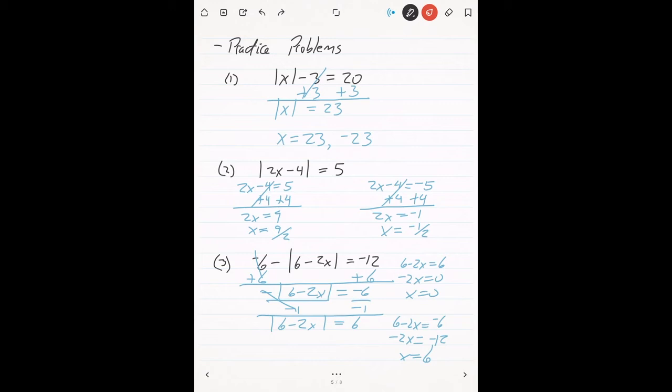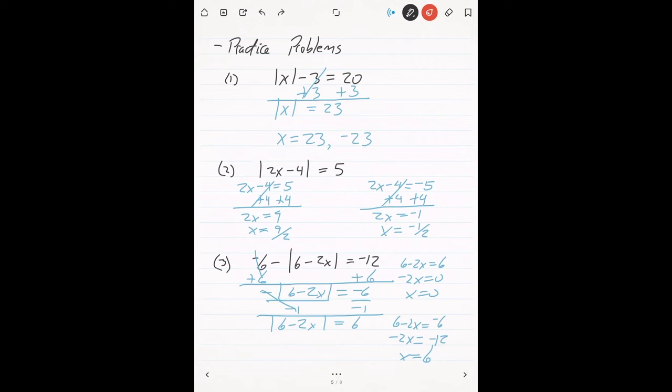Notice that in the second problem, we don't have to isolate the absolute value because it's already isolated for us. So we're saying the absolute value of whatever this 2x minus 4 is 5. So that means 2x minus 4 is either equal to 5 or this interior is equal to negative 5. So I go ahead and I solve both of these equations.